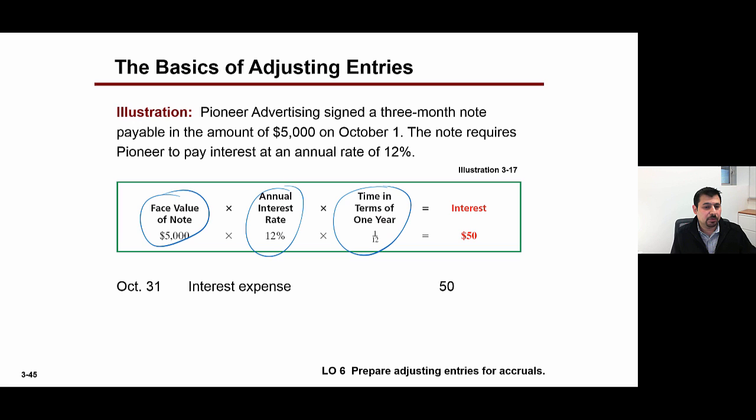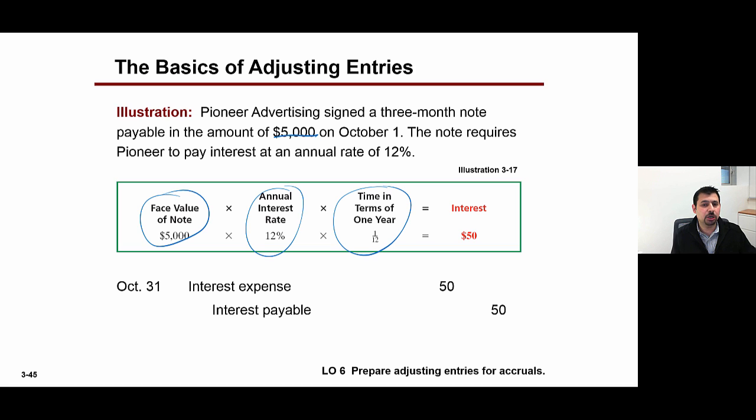They debited $50, and because they're not going to pay it now, they credit the liability interest payable. Now, with a note, we'll talk about that later on in a future chapter, but basically, if it's a 3-month note, that means after 3 months, Pioneer Advertising will have to pay the $5,000 plus any interest that has accrued. They don't need to pay the interest every month.